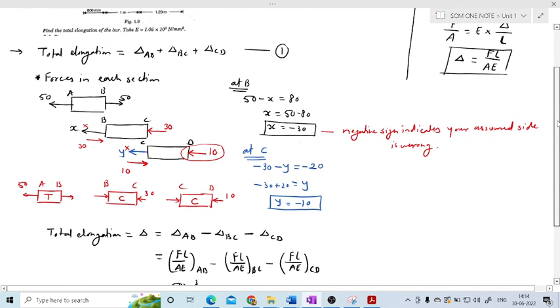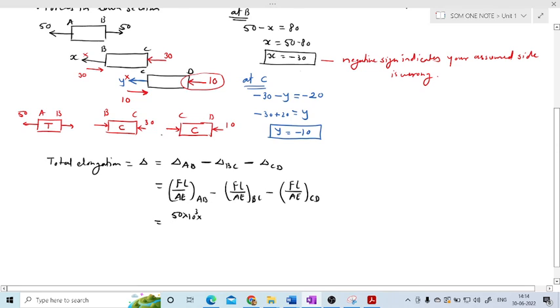Okay, so the length is 600, divided by area. They have given in the numerical, it is 1000, into modulus of elasticity. They have given 1.05 into 10 raised to 5. So this is for AB.